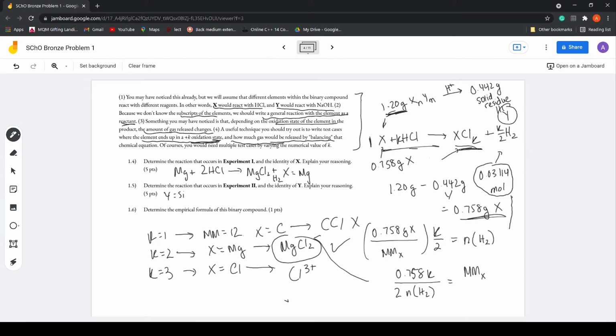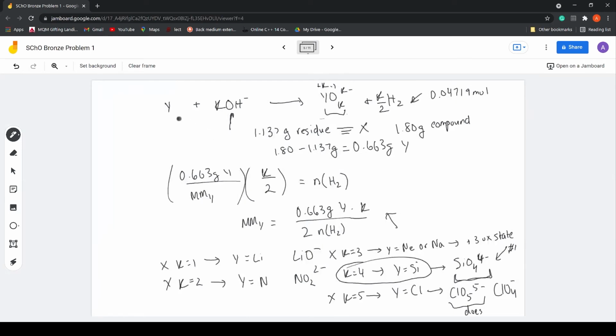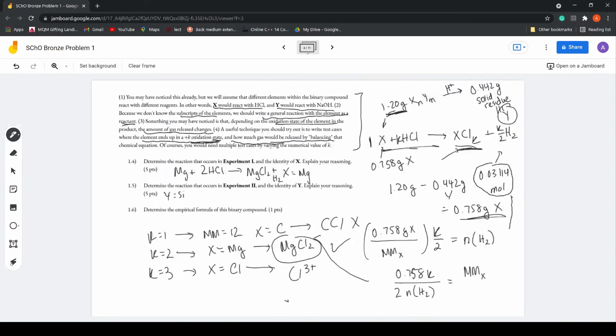And if we want to write the reaction that occurs, we can just substitute Y as silicon and K as 4. Silicon plus 4OH- forms SiO4 4-, so we can see charge is balanced, and to keep mass balanced, we want to do plus 2H2.